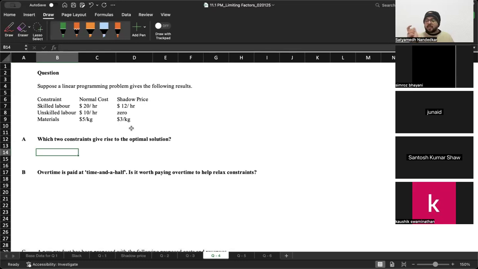If there is slack, that means there is unused capacity, so there is no question of bringing in one more unit of that particular resource. So unskilled labor, the shadow price is zero, there is no problem here. Because already there must be an abundance of that particular resource, so there is unutilized capacity. Shadow price zero means there is unutilized capacity. So shadow price of unskilled labor is zero.